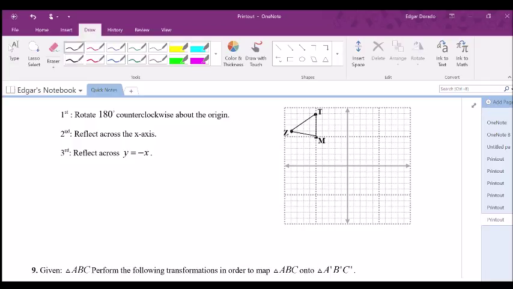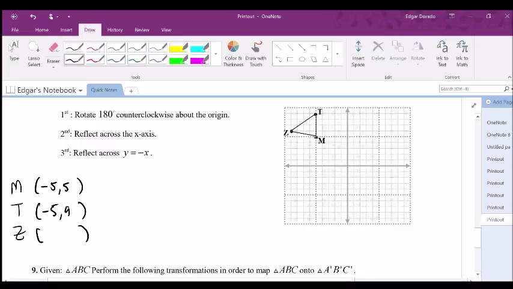All right, first off, M, T, and Z. Let's write down what the original coordinates are. Okay, our original coordinates are for M, negative 5, comma 5. And then we are going to do T, which was negative 5, comma 9.